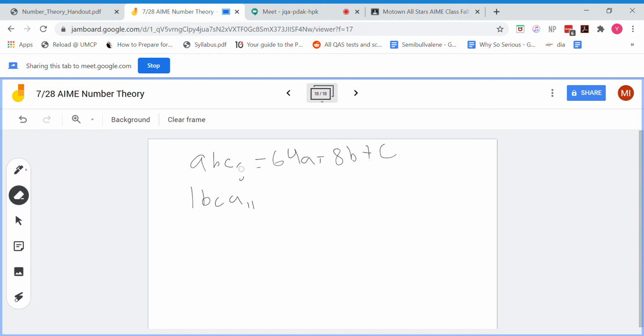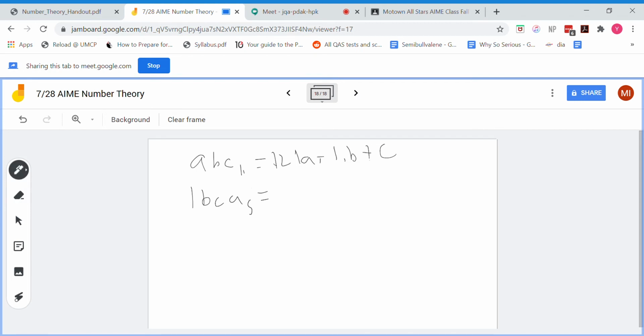Whoops, this is in base 11, and this is in base 8. So ABC in base 11 equals 121A plus 11B plus C in base 10.